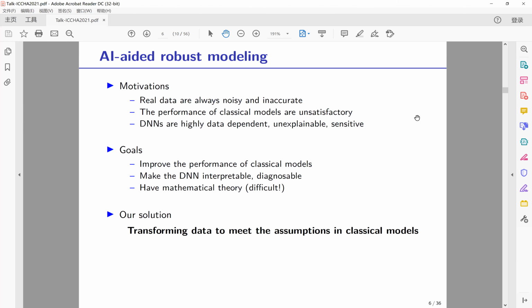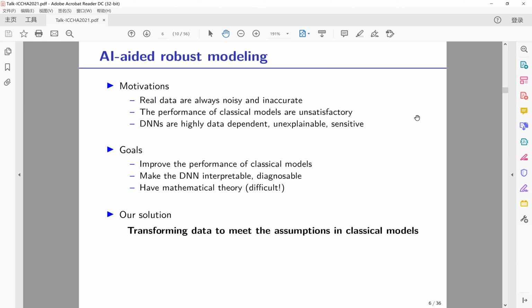So here, my solution is: can we transform the data to meet the assumptions in classical models? Actually, in our classical model, we always have some assumptions related to our data or related to our measurement forward process. And when we directly apply this classical approach to real data, the result is not good. This is because the real data does not meet the assumptions in our classical model.